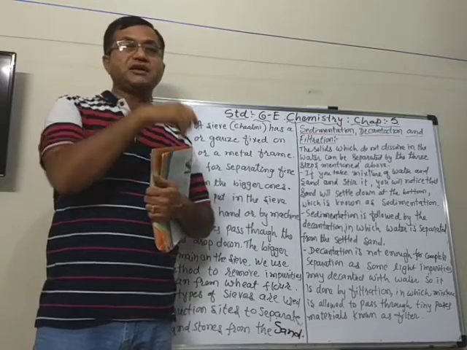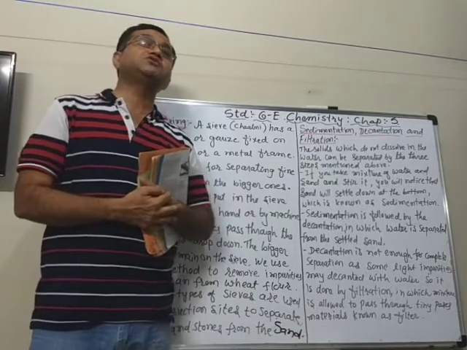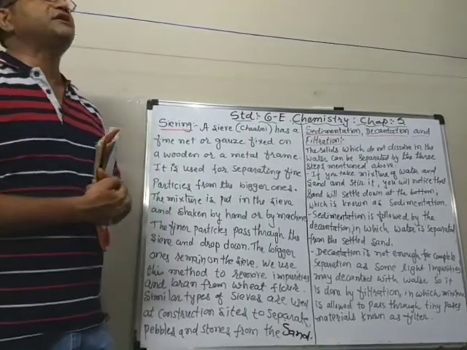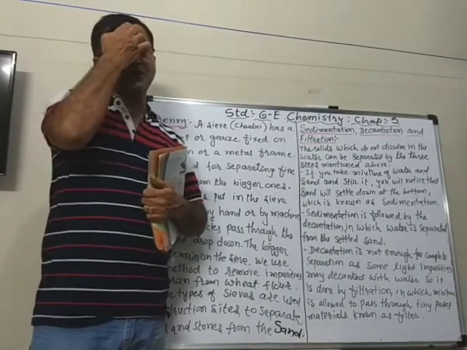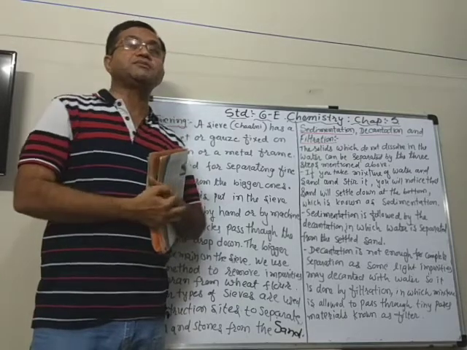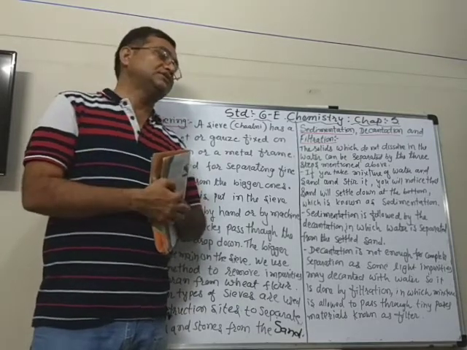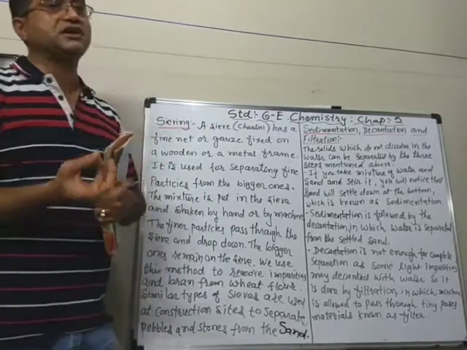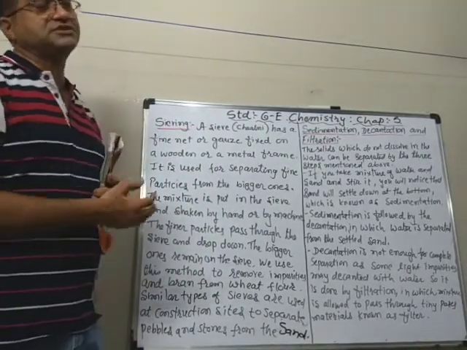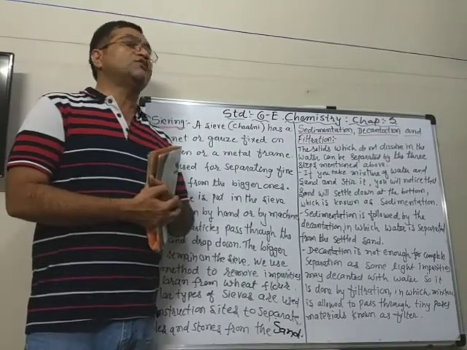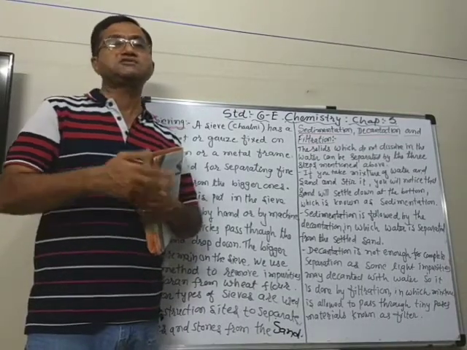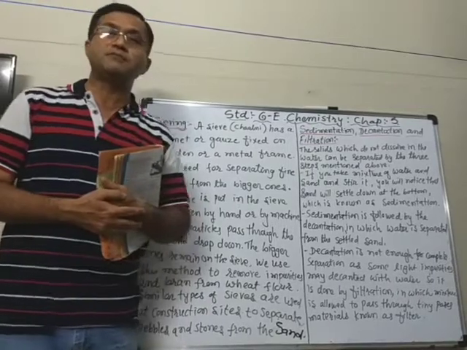And for that we have to use different types of methods according to the components of the mixture, their texture, their weight, density, etc. We cannot use one method for the separation of all types of mixtures.